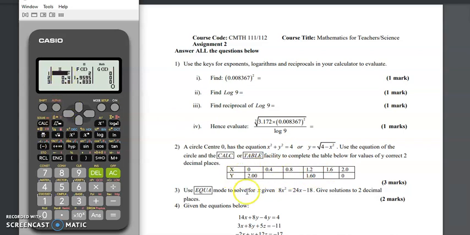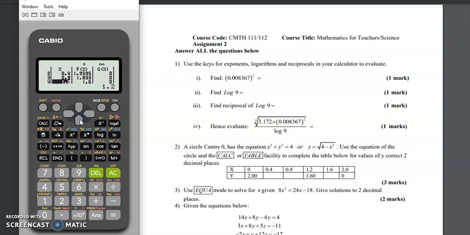So when it is 0, it is 2, that is why it is 2.00. When it is 0.4, it is going to be 1.9595. You scroll down, you will see when it is 0.8, it is simply 1.833.